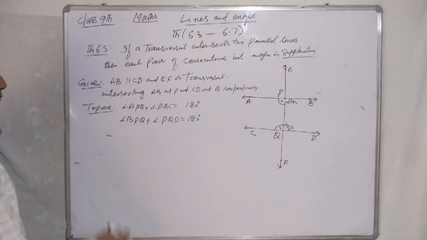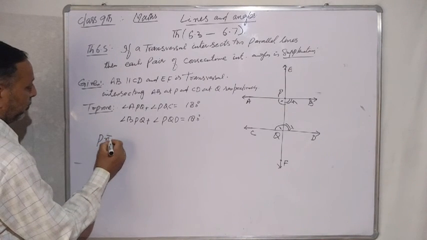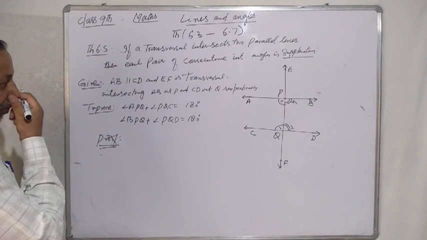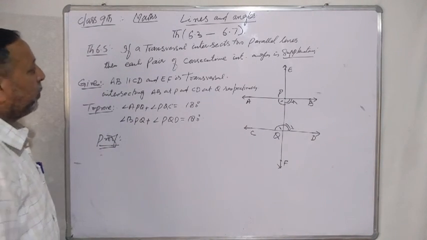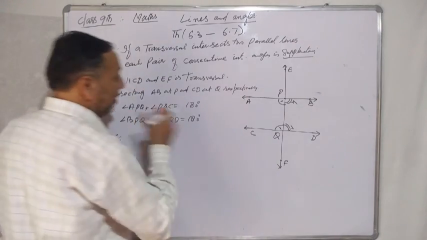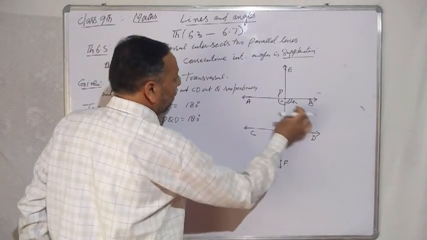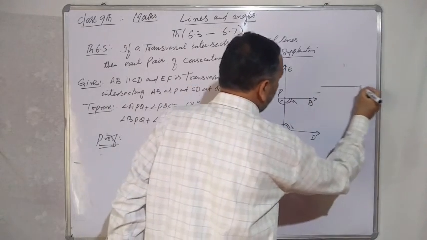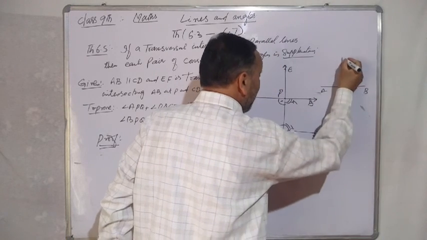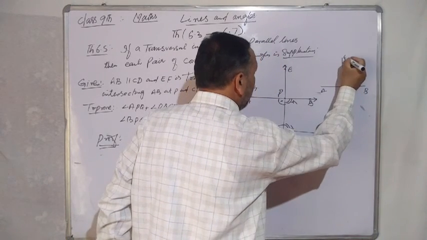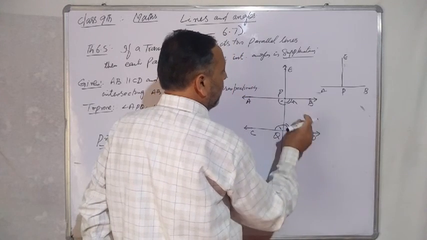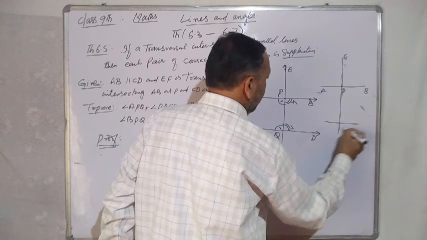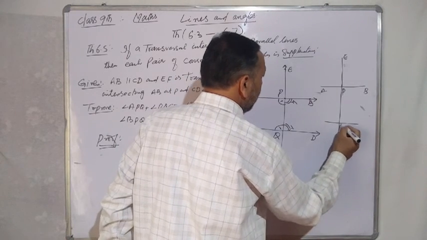Now proof. You see here AB is a line and ray EF stands on it.